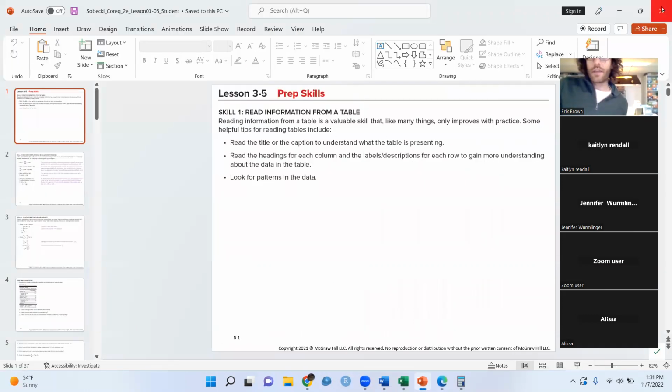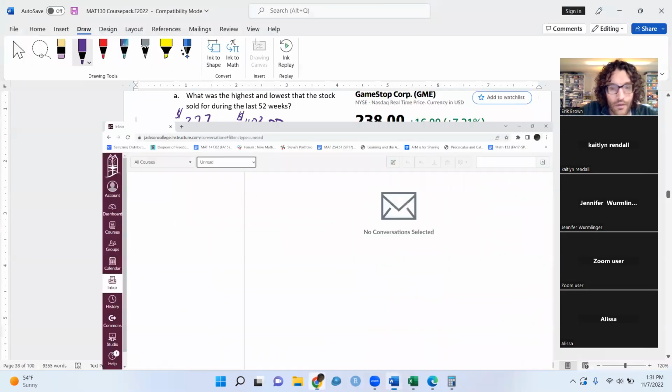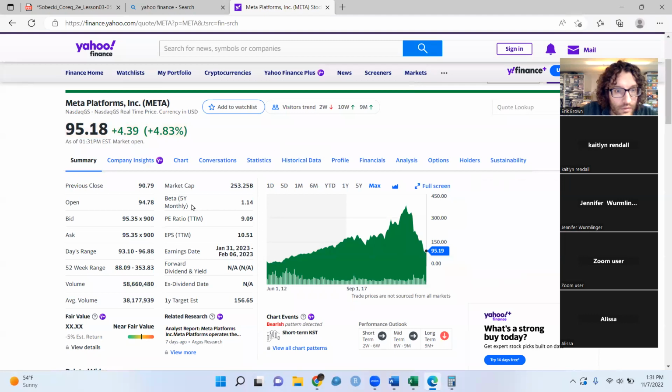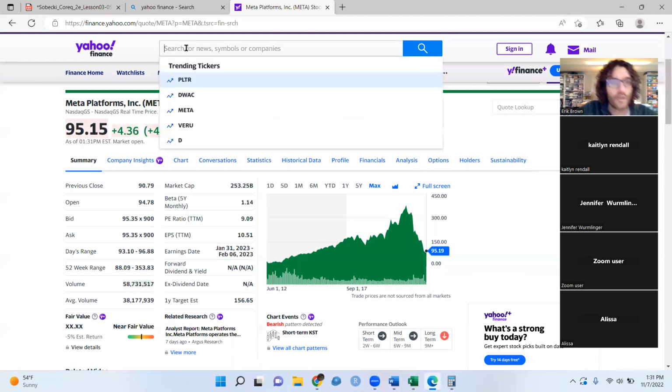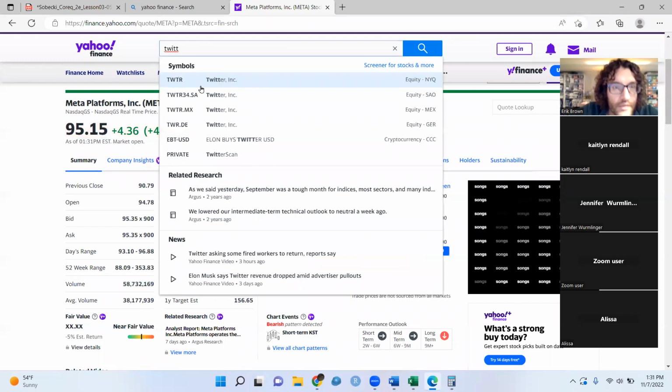And I said, if it's negative, it's opposite the market. So this is volatile and opposite the market because it's far away from 1. Let's look at what Facebook's beta is right now. Where is it? Beta 1.14. What's another one? Twitter. I bet Twitter's kind of all over the place.